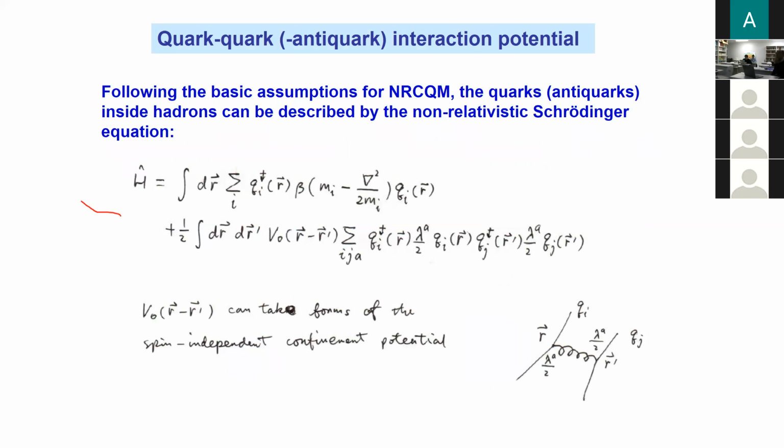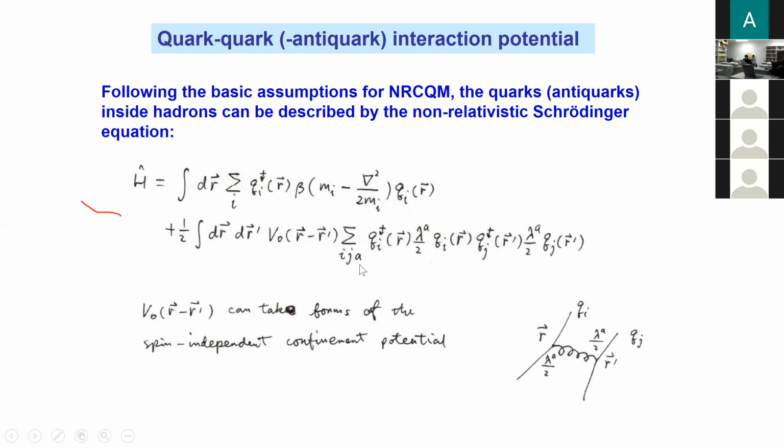So now we come to the quark model. I think now we are treating just the quark system. And if we write down the Hamiltonian, then basically the quark motion inside is just like a fermion, which follows the Dirac equation.